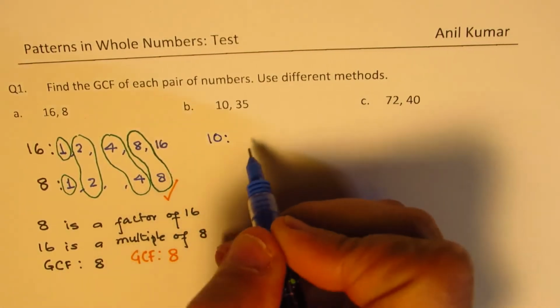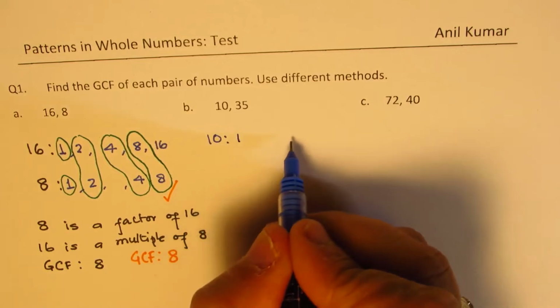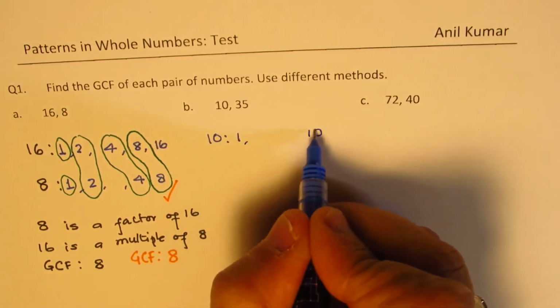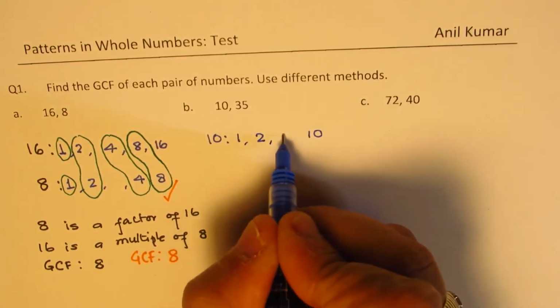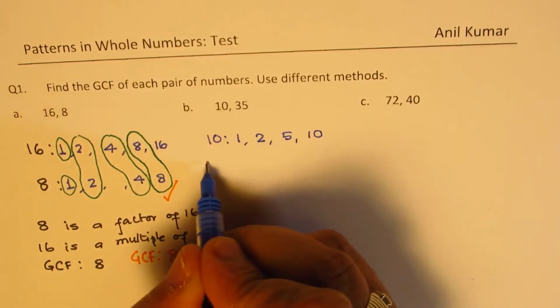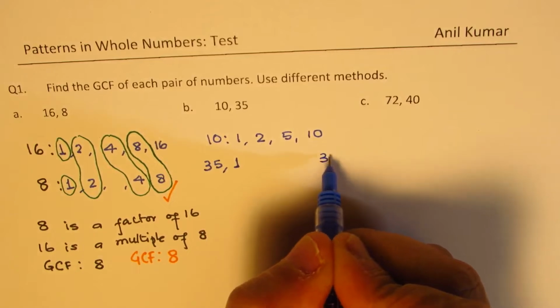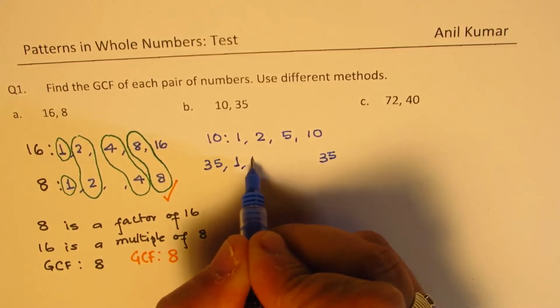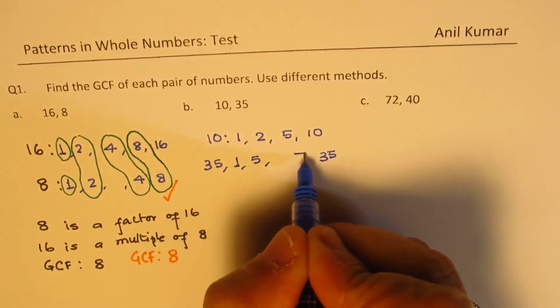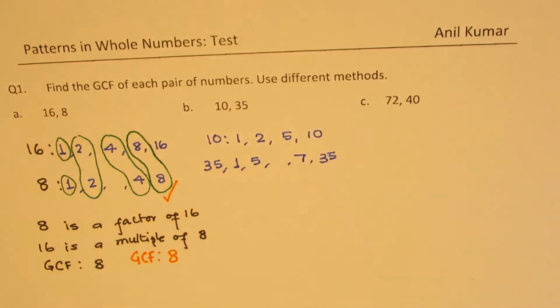As far as 10 is concerned, 1 times 10 is 10, and then 2 times 5 is 10. As far as 35 is concerned, 1 times 35 is 35, and 5 times 7 is also 35.